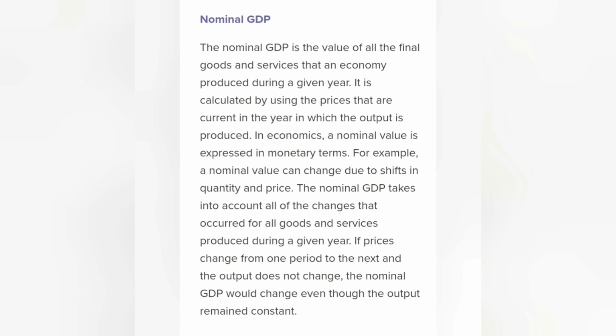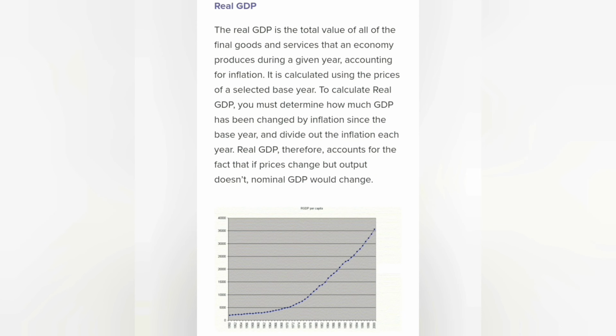The nominal GDP takes into account all of the changes that occurred for all goods and services produced during a given year. If prices change from one period to the next and the output does not change, the nominal GDP would change even though the output remained constant. So that's nominal GDP.